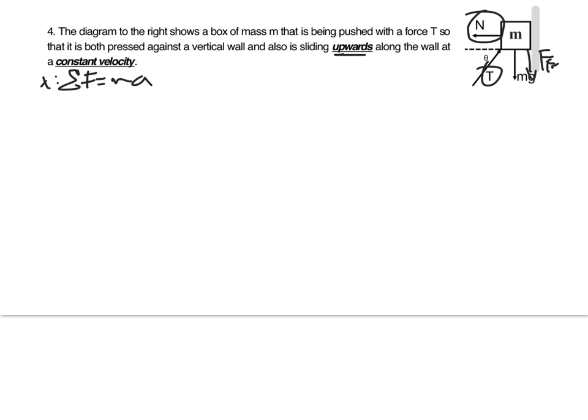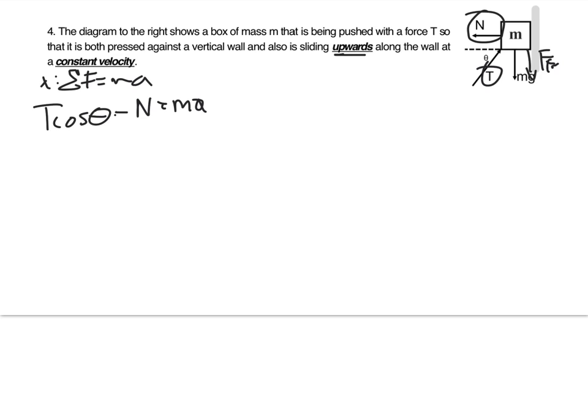The normal force is pointing to the left, and if you look at the arrow again, it's not a free body diagram, so the arrows aren't where we would normally see them, but it is actually pointing to the right, so those are in opposite directions. I like to make to the right positive, so I will do that. T cosine theta is that component going towards the right minus my normal force, and that equals ma.